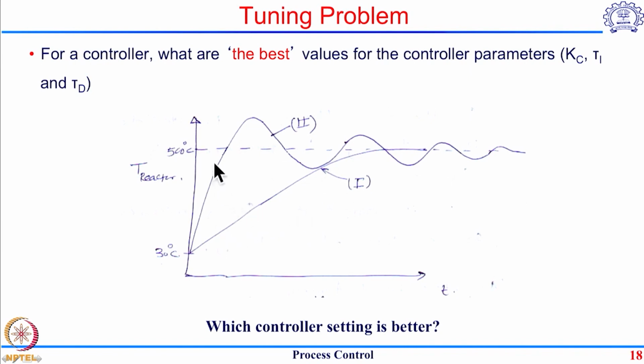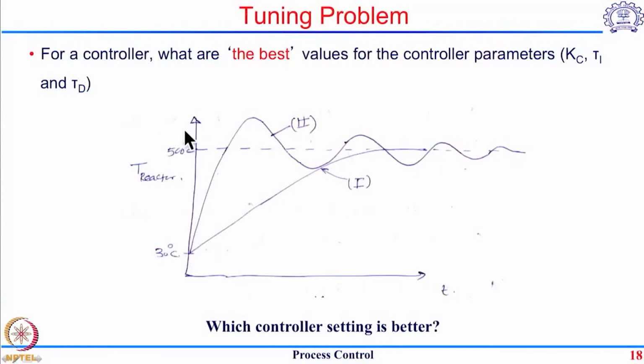Whereas in the second controller case, the temperature reaches the neighborhood of the final set point much quicker, and therefore the reaction would get started much earlier, let us say somewhere here, and therefore you will have a very low idle time or non-productive time. Your profit, your production would be high. So if that is my system, then looks like the response 2 or the PID controller 2 is better than 1.